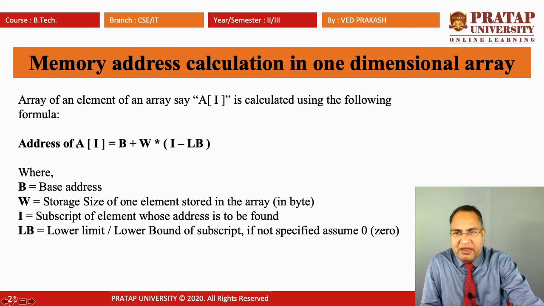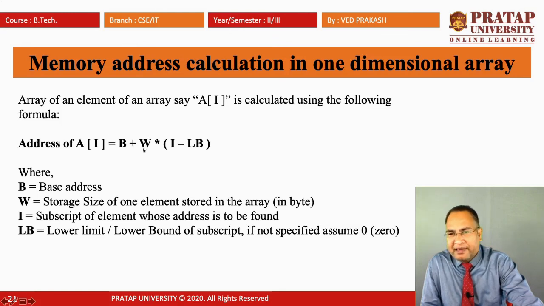A[I], where I denotes the index or subscript of a specific element, equals B + W * (I - LB). Here B denotes the base address and W denotes the bytes consumed by the element. If it is an integer, it will take 2 bytes.